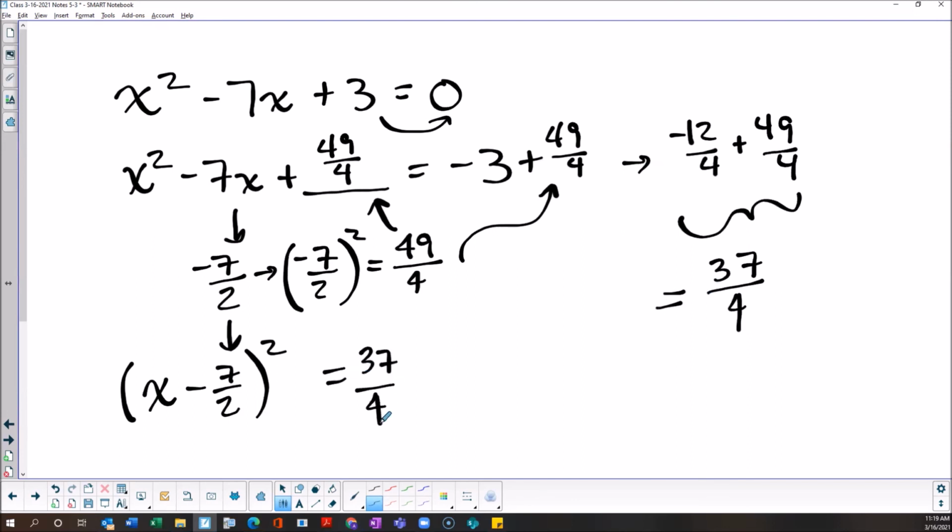So that's ugly. But it's doable, right? But we won't have that on the quiz or the test. You won't have to complete the square with a fraction. You could have fractions, maybe, somewhere else, but not completing the square, okay?